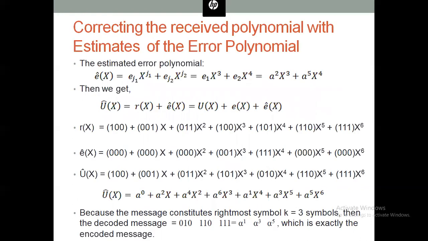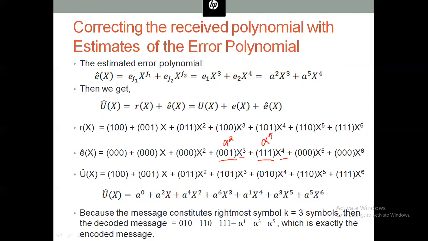So the error value, in fact the error pattern we have here, is alpha 2, and that value is alpha 5, and these values are at the location of x3 and at the location of x4.